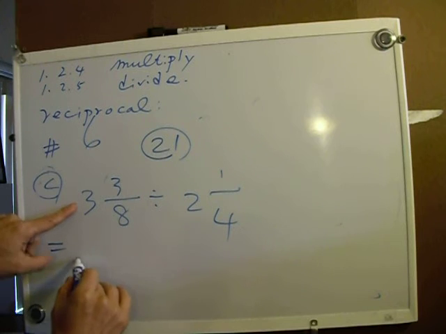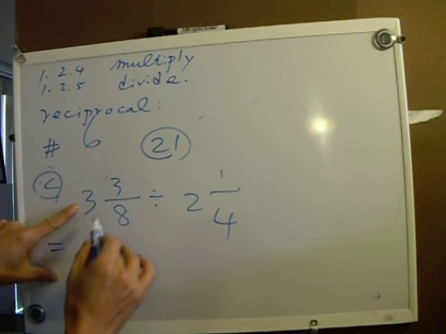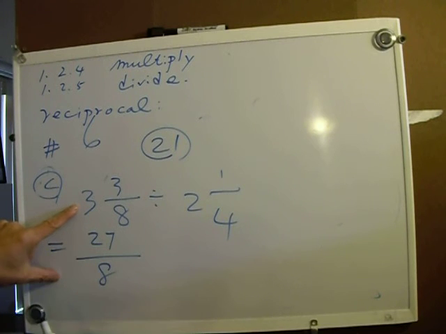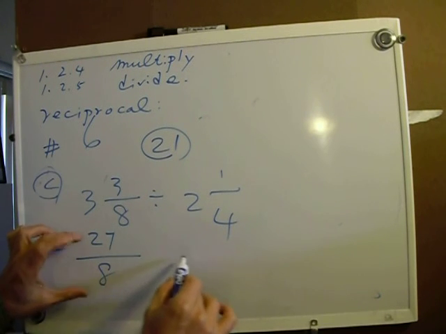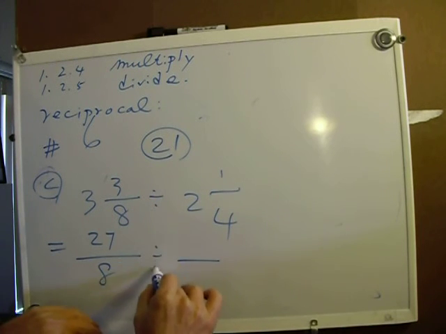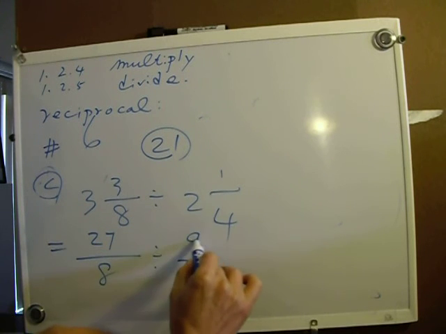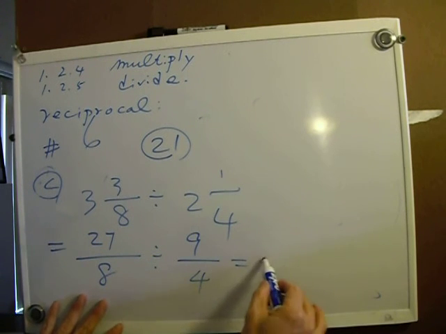The first term you change into an improper fraction: 3 times 8 is 24, add 3, 27. Change the second into an improper fraction too: 2 times 4 is 8, 8 add 1 is 9. First step, change into improper fractions.